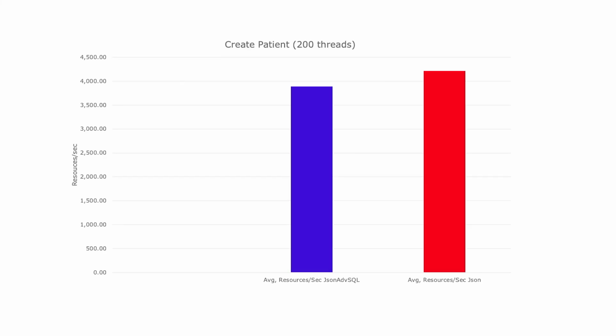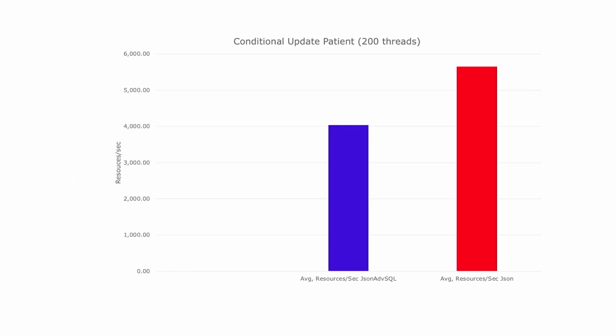With create patient, which is a pure write operation, we see in this case with 200 threads that we're loading roughly 4,000 resources per second into the server. Conditional updates. Here JSON does better than JSON Advanced SQL, something that we're looking into.